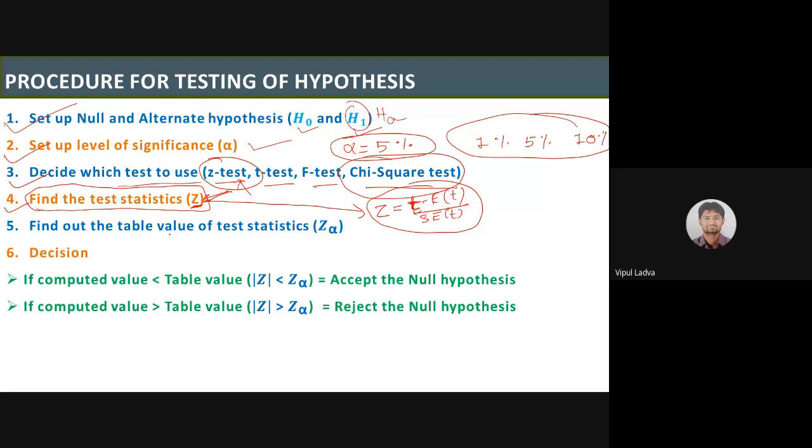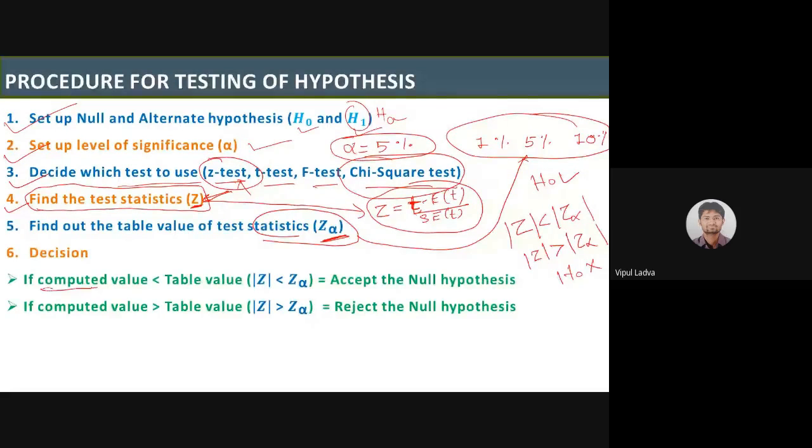After calculating this Z, that's the test statistic. We're going to compare that with Z alpha. That Z alpha is a critical value. We will take help from that particular table which I had already given to you, or you may calculate your Z alpha. वो भी मैंने सिखाया है कैसे calculate करना है. After comparing both, there will be only two cases: Z will be less than Z alpha, in which case we're going to accept the null hypothesis, or Z is going to be greater than Z alpha, then surely we're going to reject our null hypothesis. उसको reject करेंगे. इस case में इसको accept करेंगे.